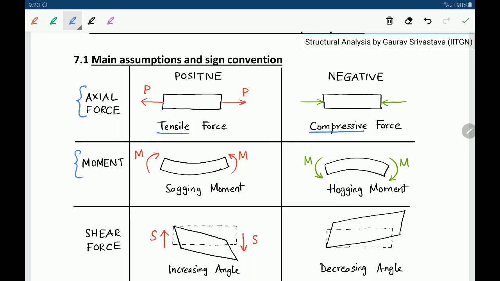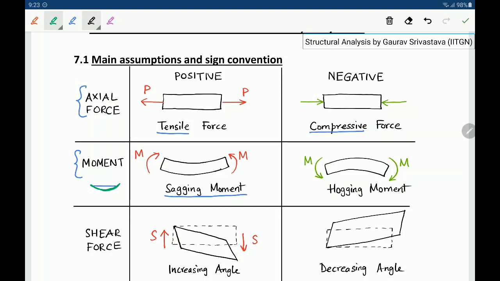Next, for bending moment, a moment which is a sagging moment is called a positive moment, which means if the beam was initially straight, and it bends in this shape, or it sags towards the ground, that is a sagging moment, and that we consider as positive.